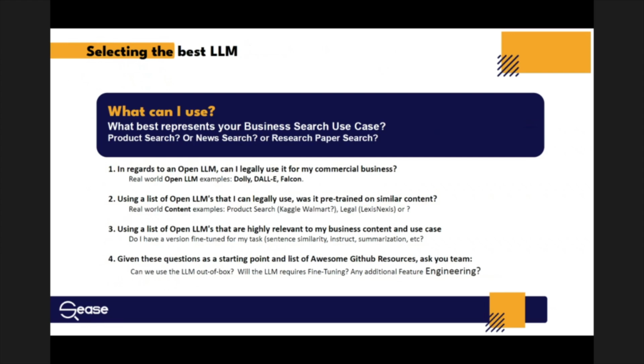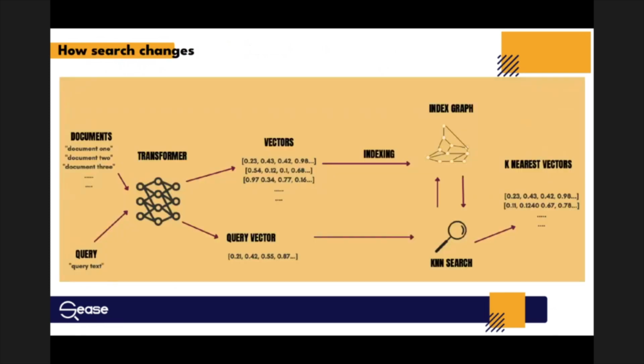So we've already answered this question about how you do the process of selecting the best large language model. So let's take a look, for example, at how a search pipeline could change if you want to use large language models to encode text to vectors and then search among those vectors.